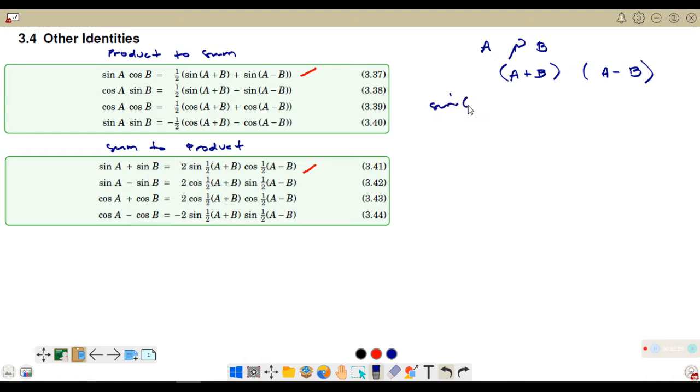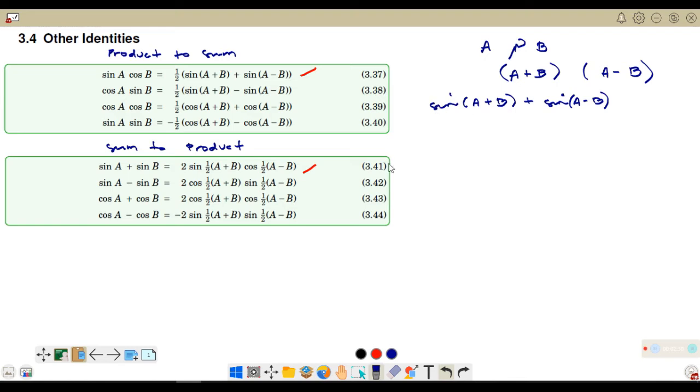So for the sum, sine A plus B plus the sine of A minus B, we are going to make use of the formula that we discussed, yung sa sum of two angles.